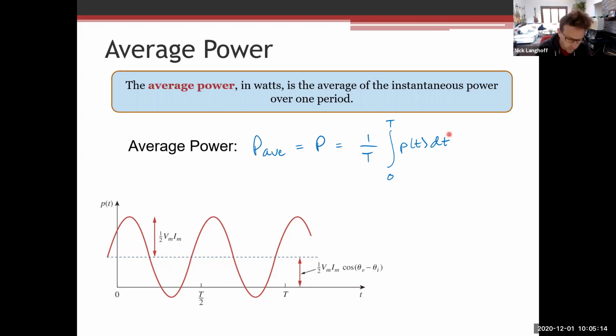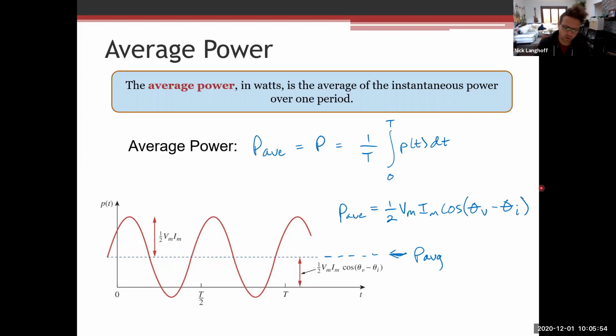Now, the average power can be graphically shown as the bias line or the DC offset of the power signal. For any signals, as we'll see shortly, we'll actually go through the derivation for this, P average is equal to 1/2 times V max times I max times the cosine of the angle between the current and voltage waveform.